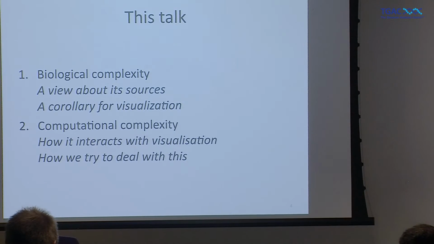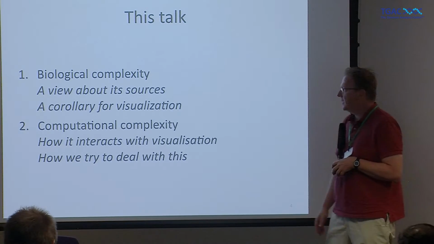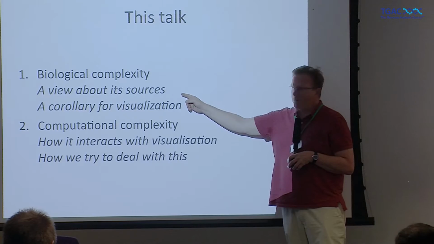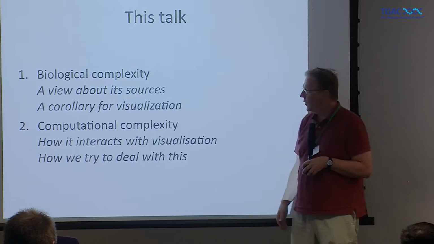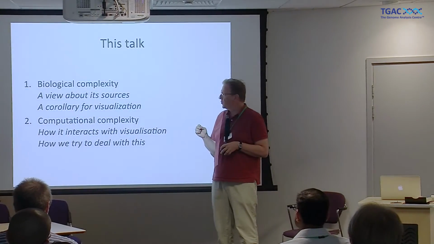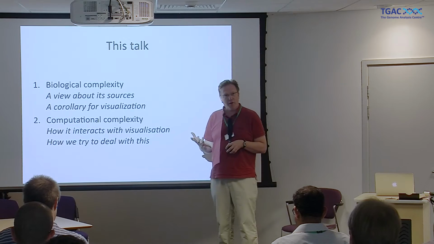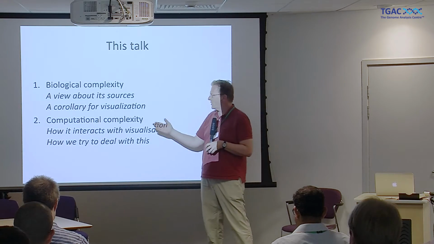So in my talk, I want to talk about the link of visualization to biological complexity, a maybe somewhat idiosyncratic view on where the biological complexity comes from. I think there's something to be said there, that in current systems biology there's a way to characterize it as useful for visualization.